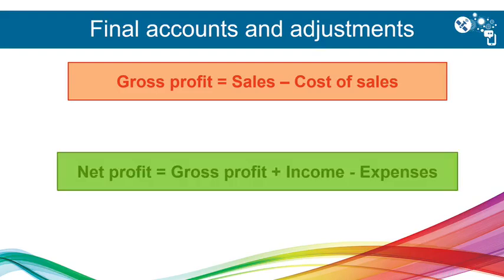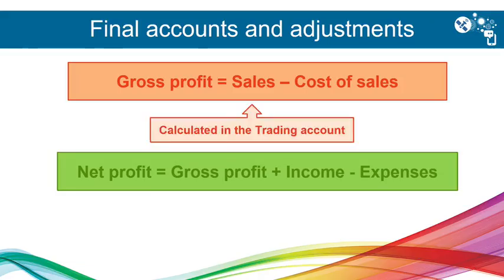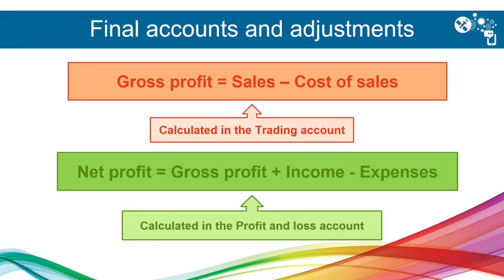The net profit, the smaller one again, is that gross profit plus other income minus all the expenses. Now the gross profit calculated in the trading account, while the net profit is calculated in the profit and loss account.